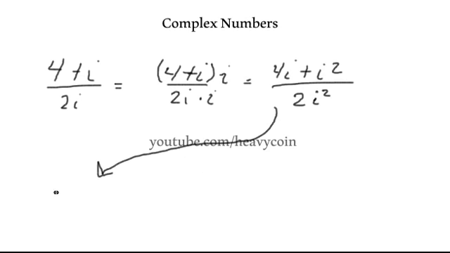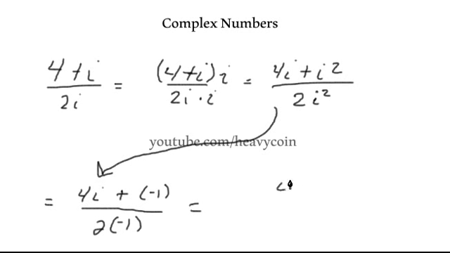And so we end up with 4i plus negative 1, replacing that i squared up there, and then 2 times negative 1. And of course, I can go ahead and break this up now.